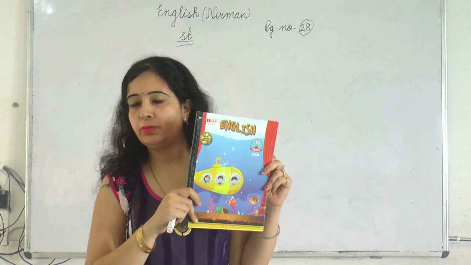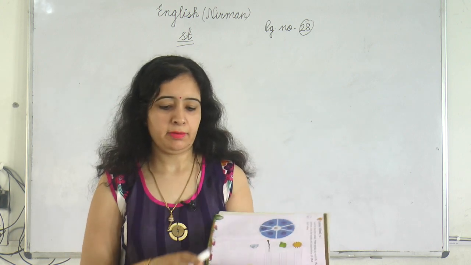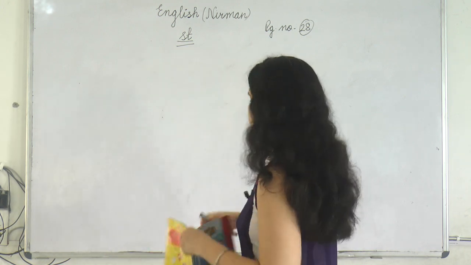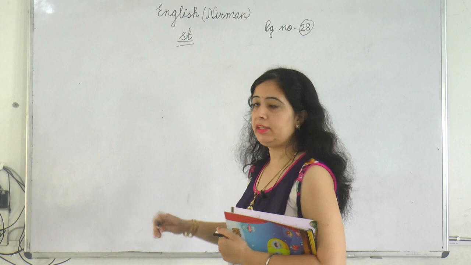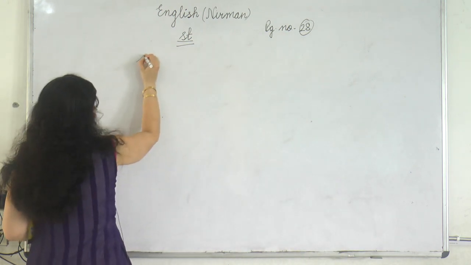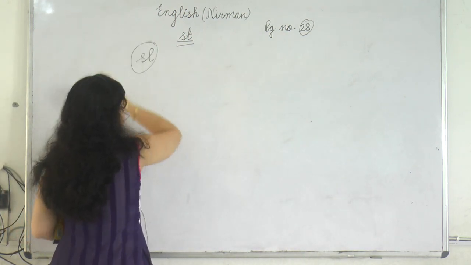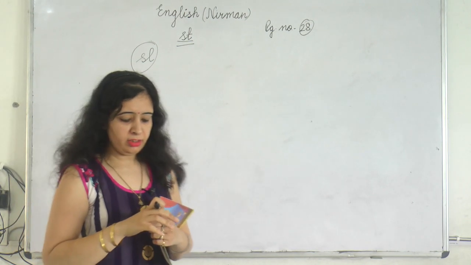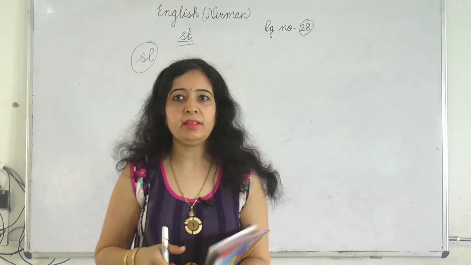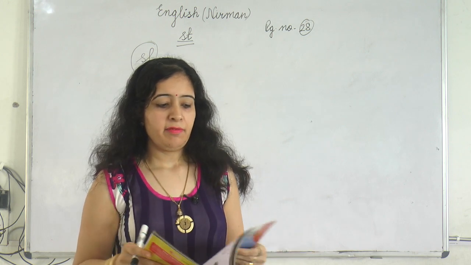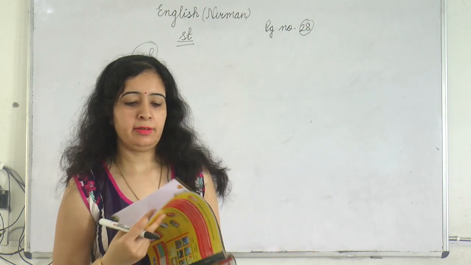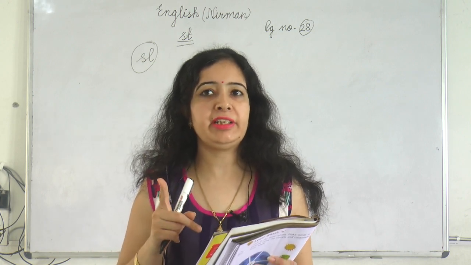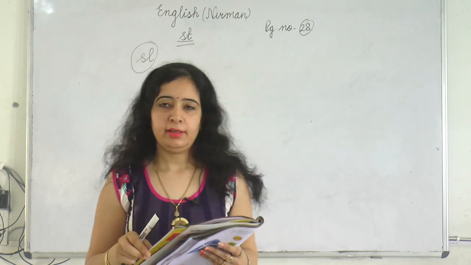Open your English book and open page number 28. In the last video, we have done SL blend. SL, slow. Can you tell me again what is blend? Blend is when you take two or more consonants, then it will create a blend.